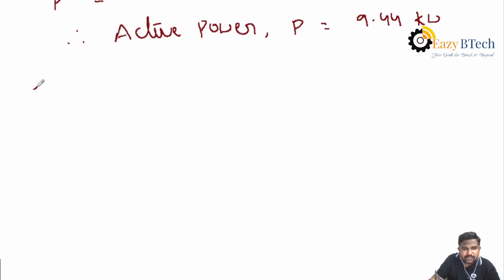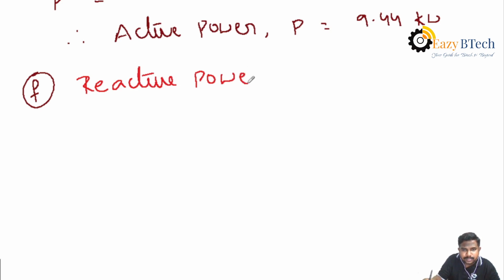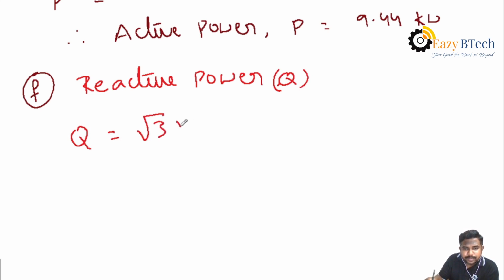Similarly, the next final value you have to calculate is the reactive power, which is denoted by capital Q. We know the reactive power formula is root 3 VL IL sin phi.